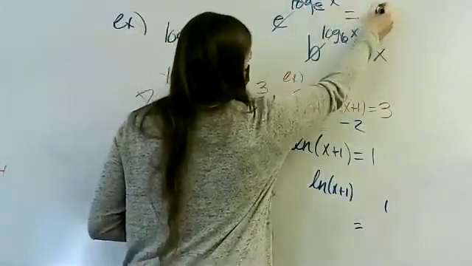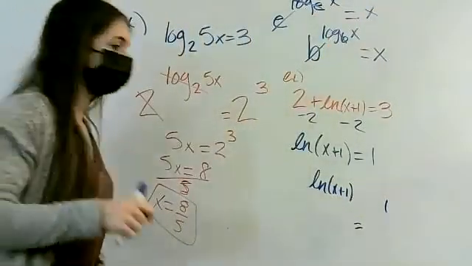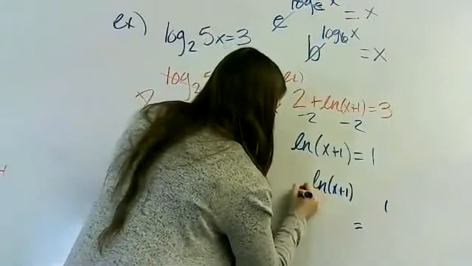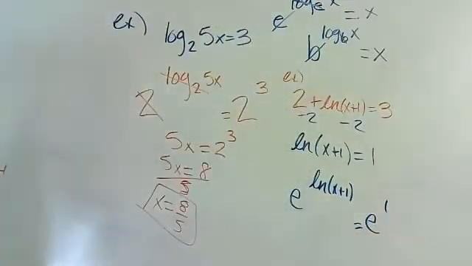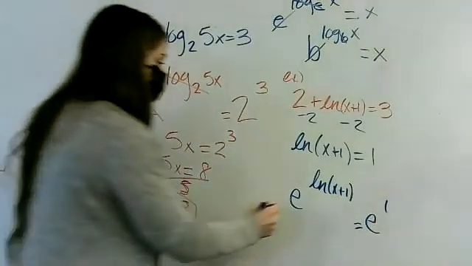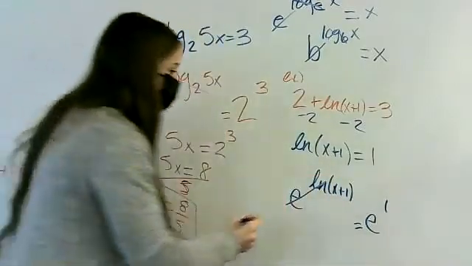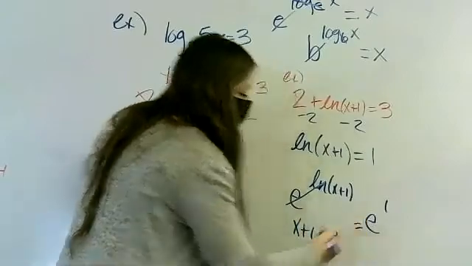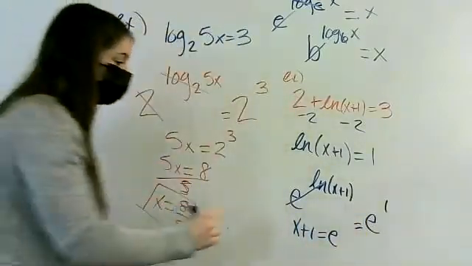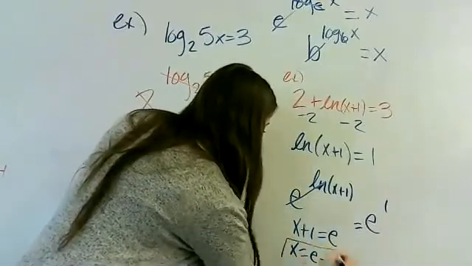Those will cancel to give me x. So if natural log is log base e, e and e will give me this effect. So e and natural log cancel, leaving me with x plus 1 equals e to the first, which is just e. And finally, x equals e minus 1.